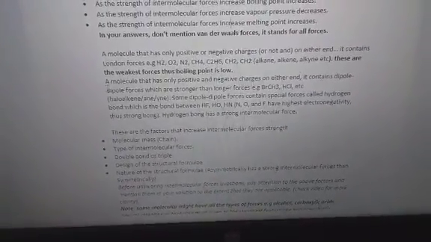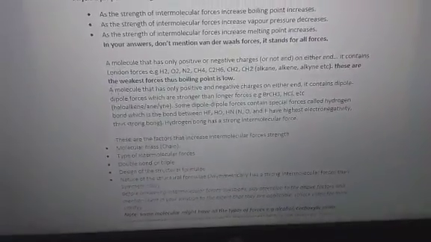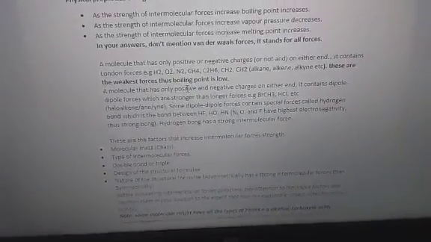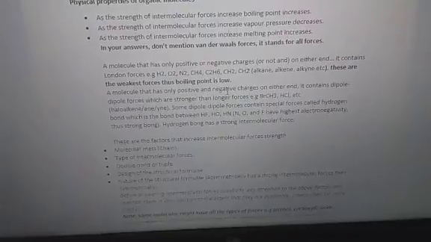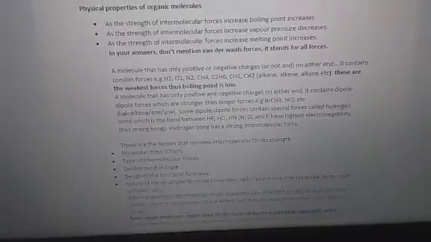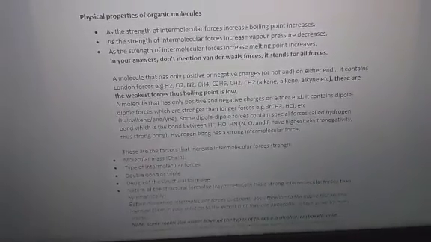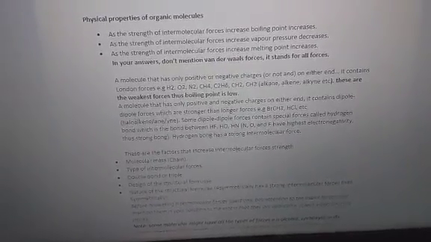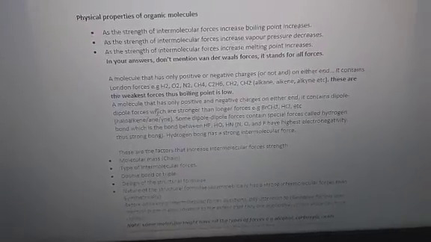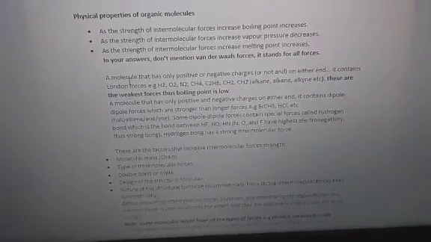The second one is a molecule that has both a positive and a negative charge on either end. We call that dipole forces, which are stronger than London forces.